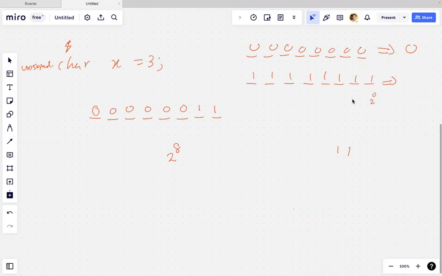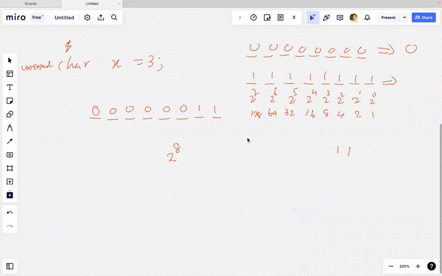This is the 2 to the power 0 position. It is 2 to the power 1. It is 2 to the power 2. This is 2 to the power 3, 2 to the power 4, 5, 6, 7. 2 to the power 0 is 1, you know. 2 to the power 1 is 2. Here 4, 8, 16, 32, 64, 128.